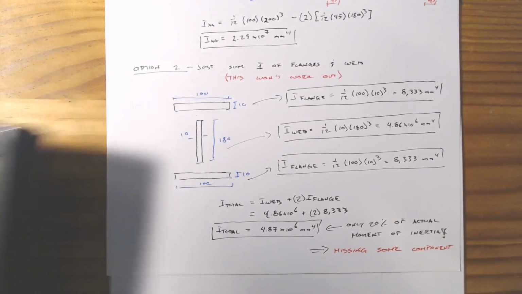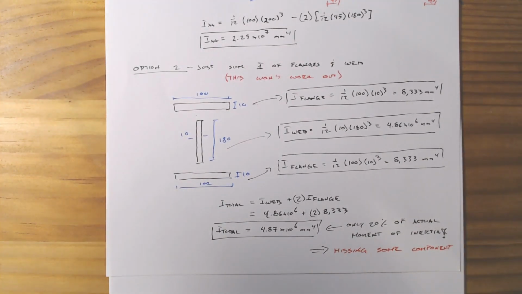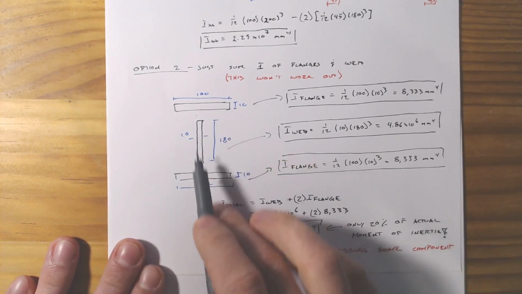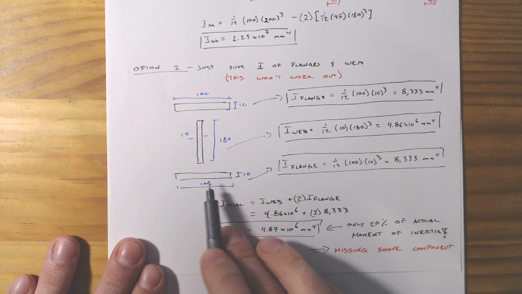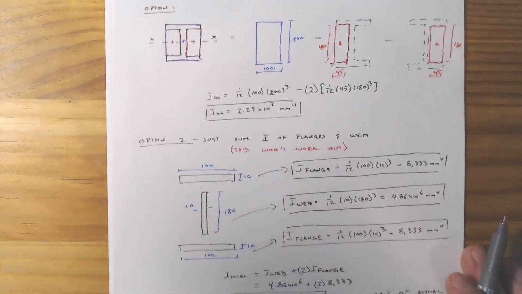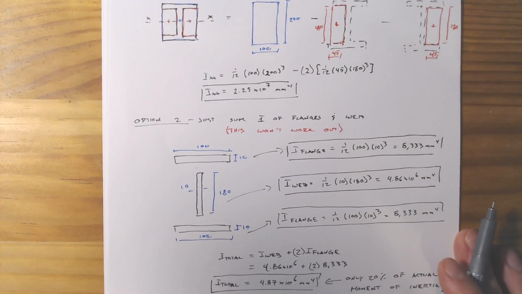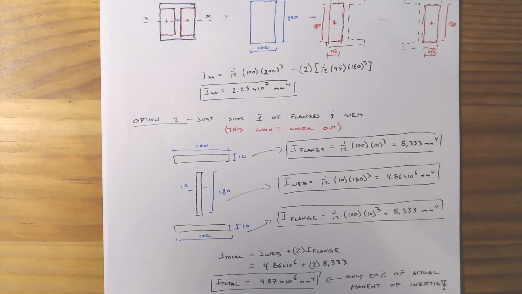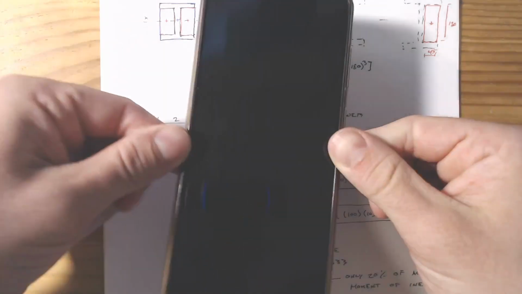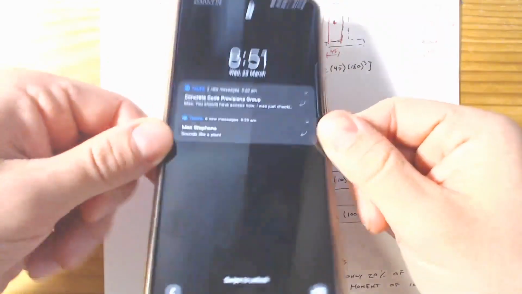And effectively, the component that we're missing, and the reason that we get different answers if we just simply sum up the moments of inertia of each of these little pieces versus if we take the moment of inertia of these whole things, has to do with what axis we're rotating these little bits and pieces about. So if we're moving something around its own centroid, it's relatively easy to spin.